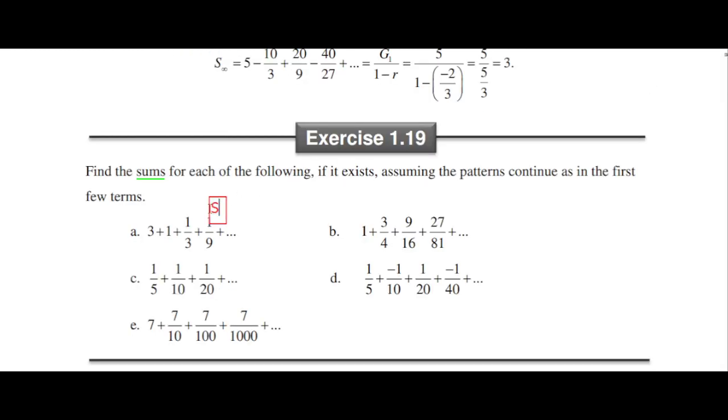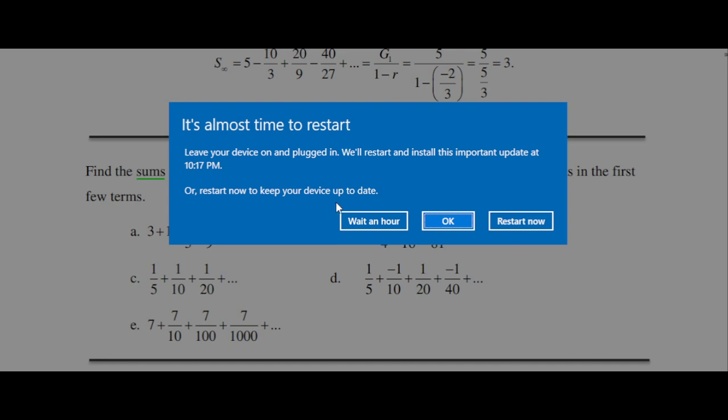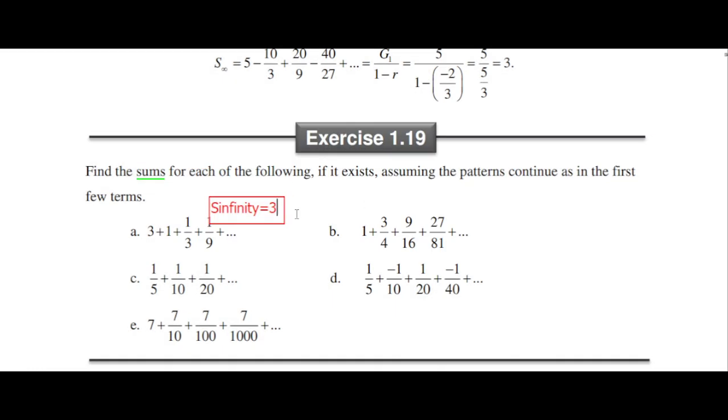Question A: S infinity is equal to the first term 3 over 1 minus the common ratio, 1 over 3. 1 minus 1 over 3 is 2 over 3, so this is 3 over 2 over 3, which can be rewritten as 3 times 3 over 2.